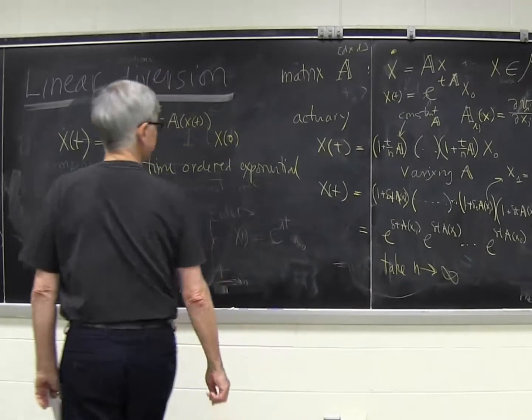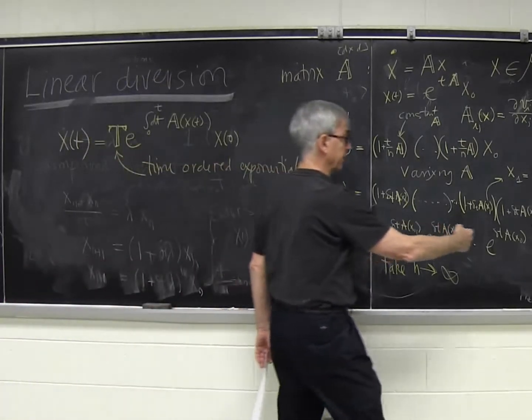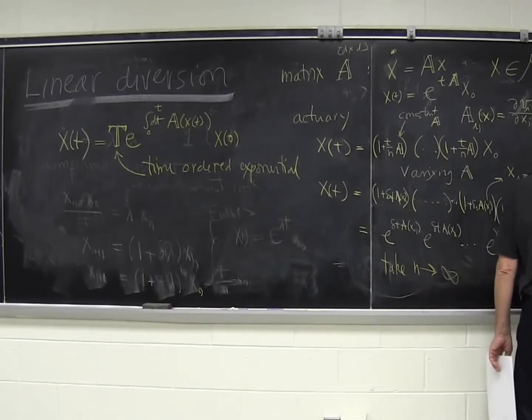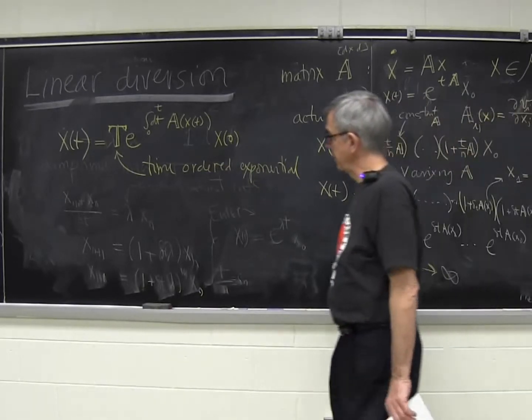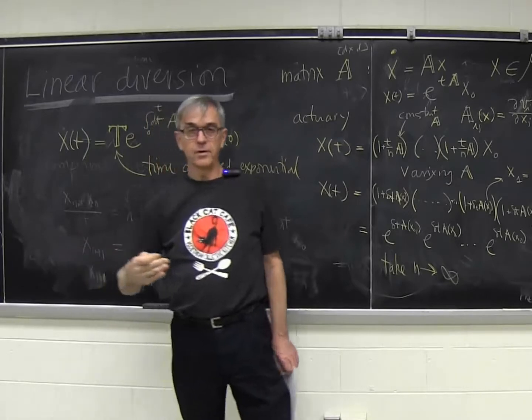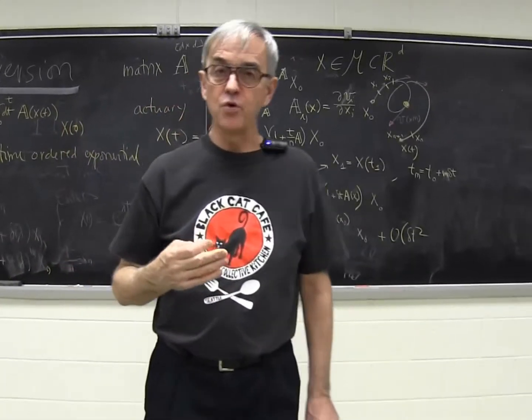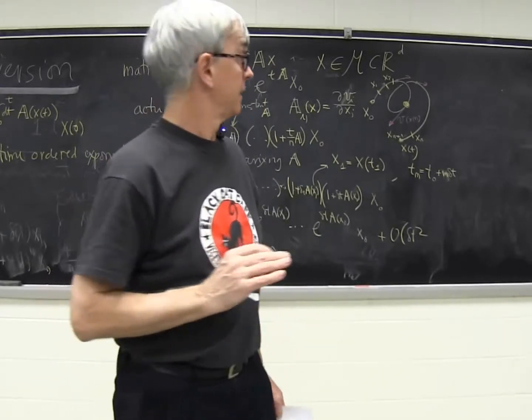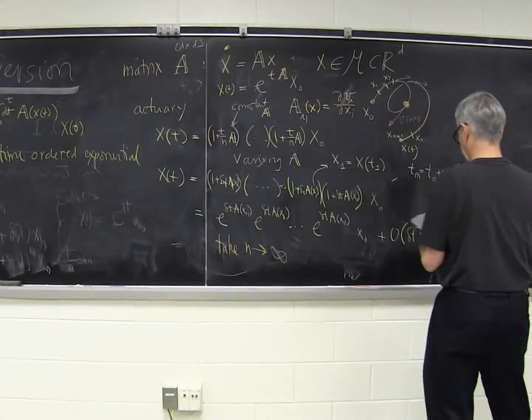one thing we learned from this formula, which is totally obvious, is very important to us. And this is that the linearized flow forms a group, or if you're only going forward in time, a semi-group. And how does that work?